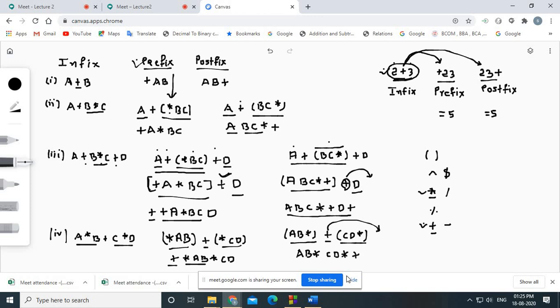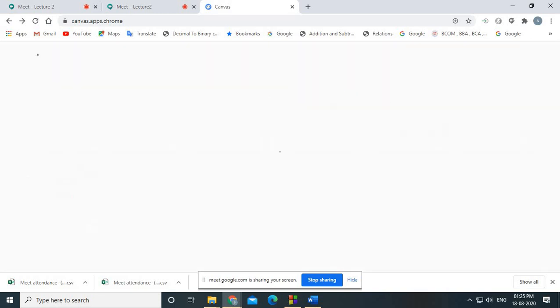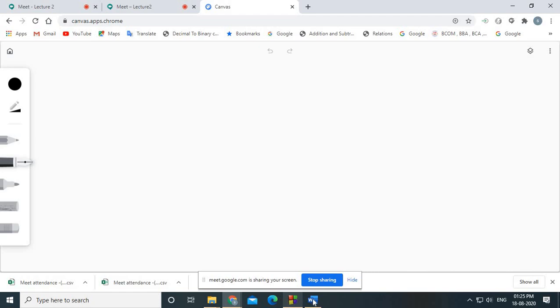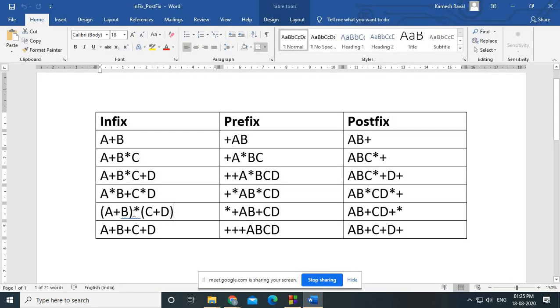Okay, so I think now you people can easily convert any infix expression into the prefix or postfix. Fine, we'll still take a few more examples, right? Let's take one more example. So here what you have is A plus B, but here you see A plus B is given in parentheses, right?